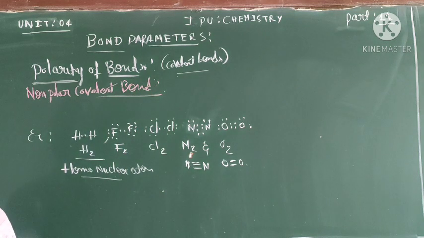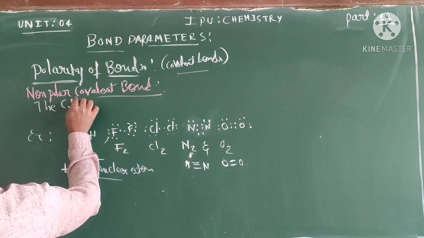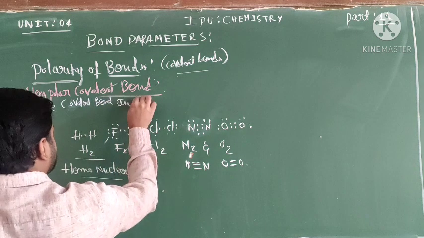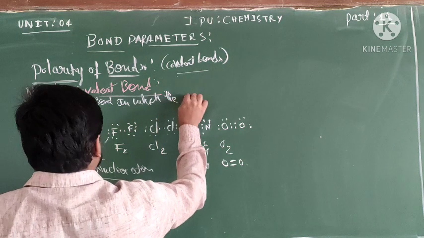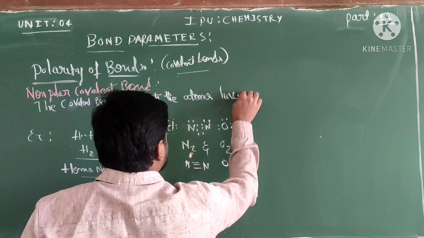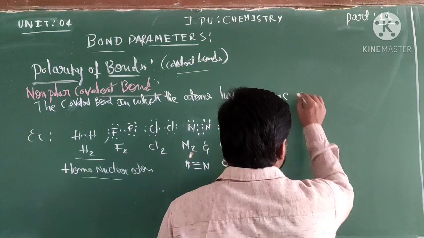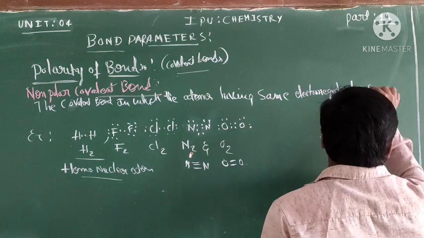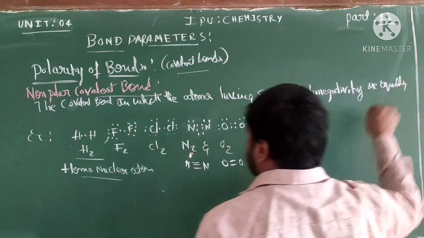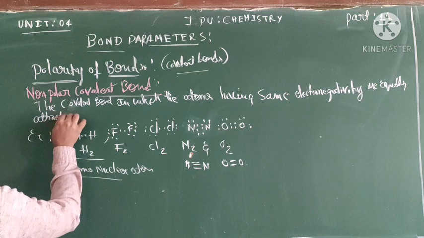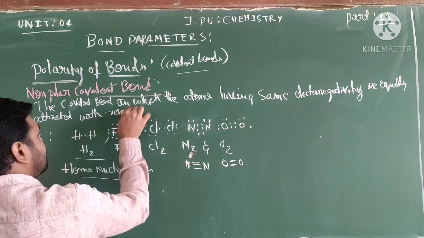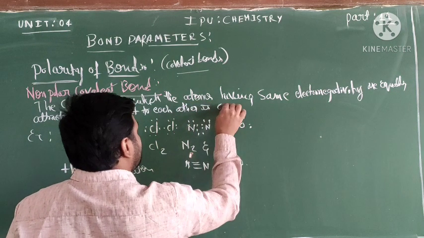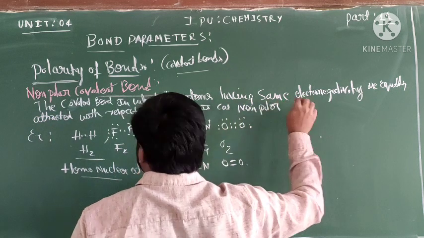The definition of a non-polar covalent bond: the covalent bond in which the atoms having the same electronegativity are equally attracted with respect to each other is called a non-polar covalent bond.